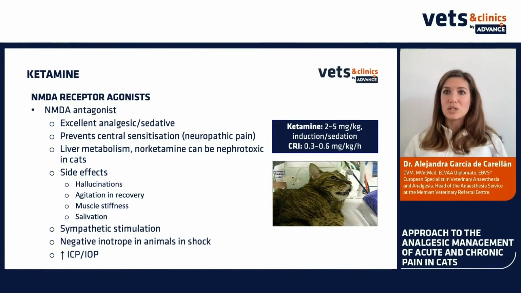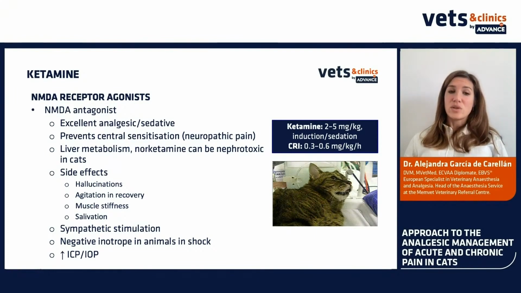I like to use a constant rate infusion of ketamine during surgery in these patients because of this preventive effect on neuropathic pain. However, ketamine also has side effects, for example agitation in recovery, muscle stiffness, salivation, and others.